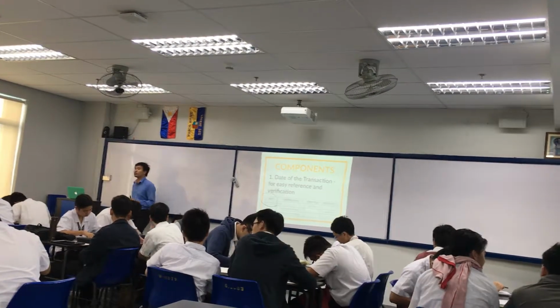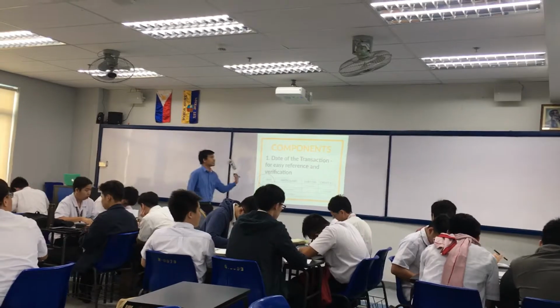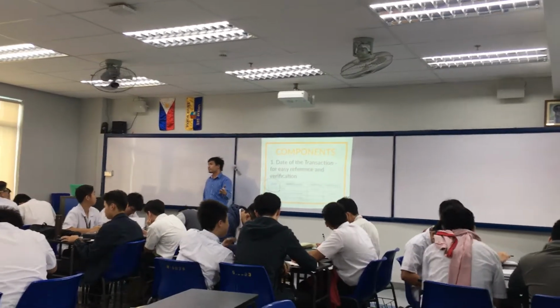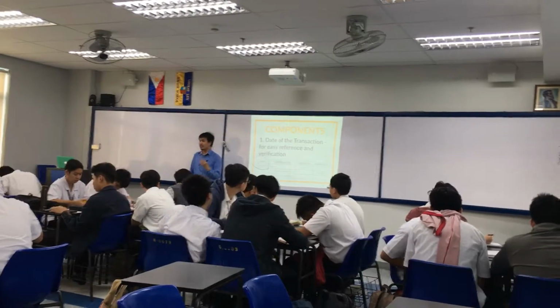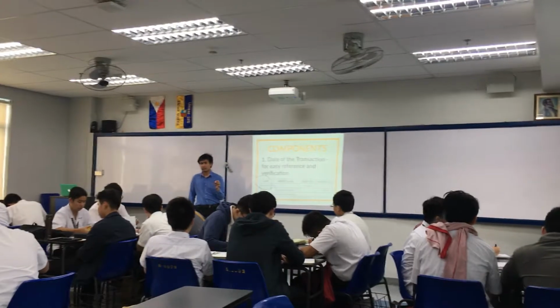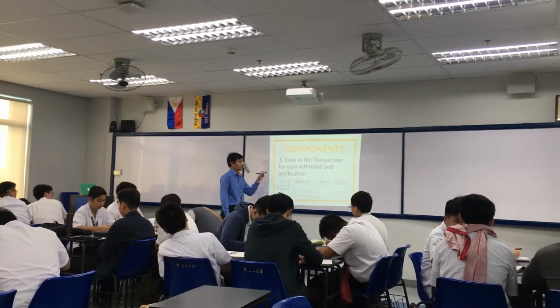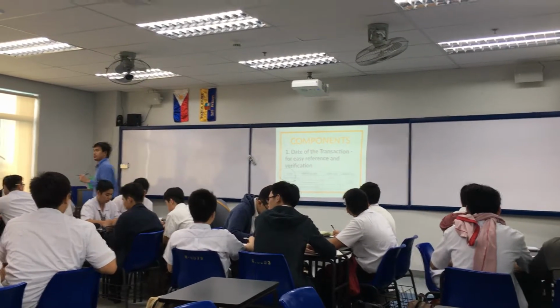Date of transaction is important because it gives the accountant, it gives the business easy reference and verification when you're looking at the transactions, when you're looking at the entries.